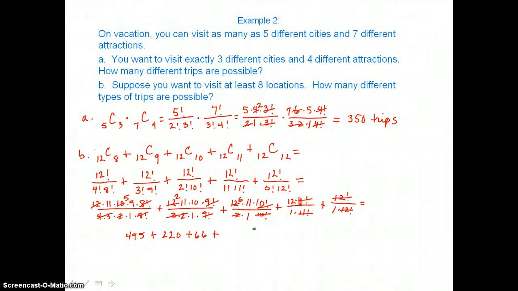The fourth product is 12, and the last product is 1. So when we add all of these terms together, we find out there are 794 trips possible. And remember, the restriction was that we visit at least 8 locations.